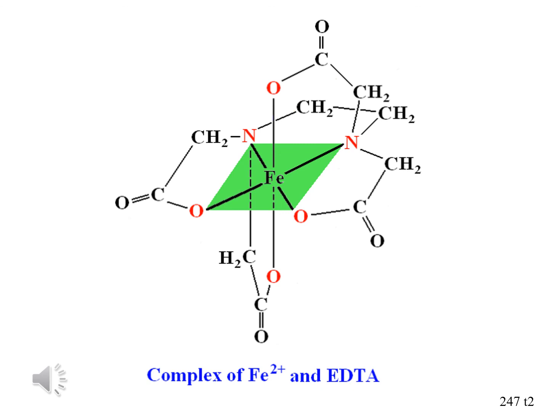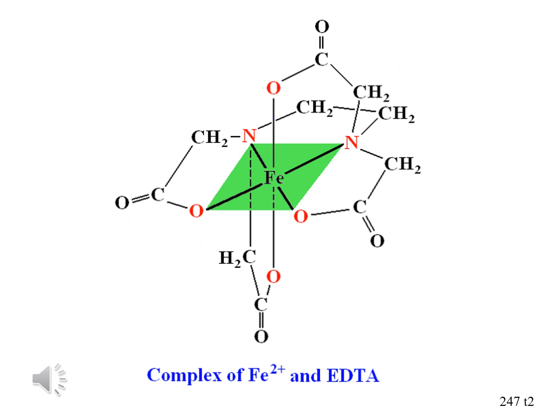And each one of the rings is actually what's called in organic chemistry a 5-membered ring, because the iron is in the same ring as the parts of the molecule that are shown.